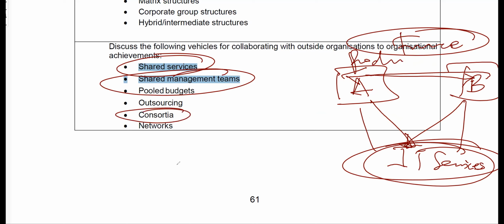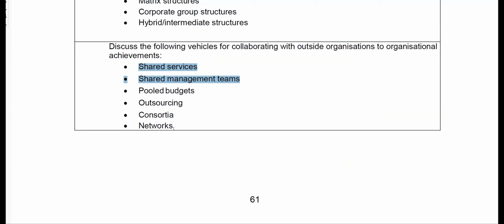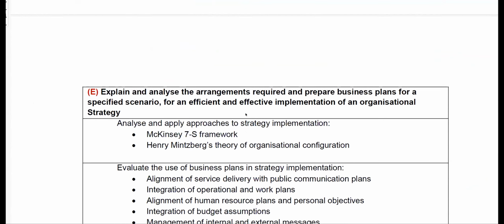When we create a consortium, we create a group of people who come together under one umbrella to pursue the same task, right? Sometimes it could be like a cartel. But consortia is greater. Okay. Then we have networks where we create various networks to share ideas and content and resources. They are all examples of collaboration strategies, right?